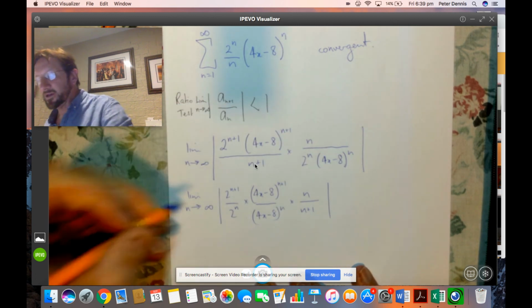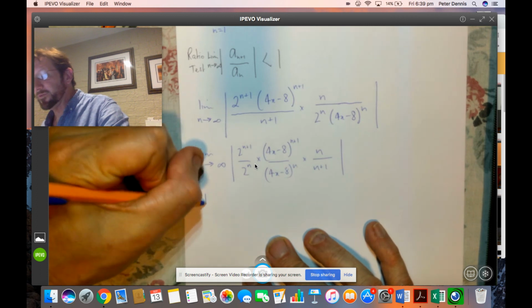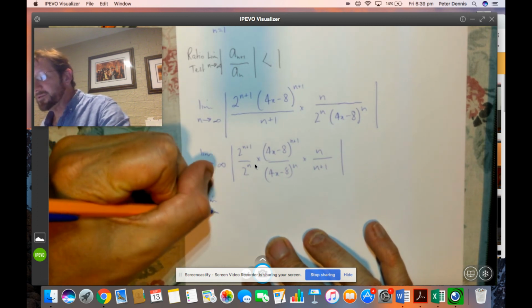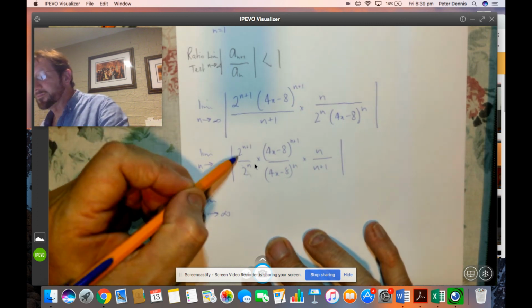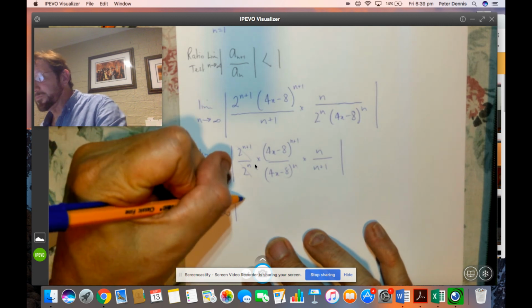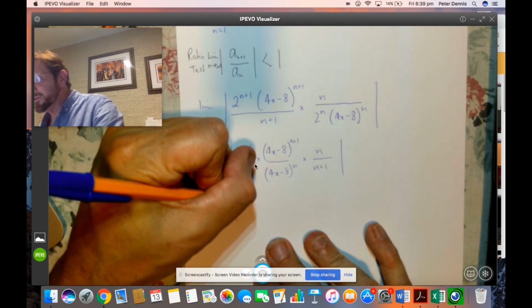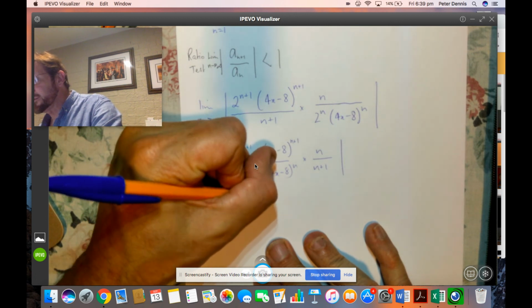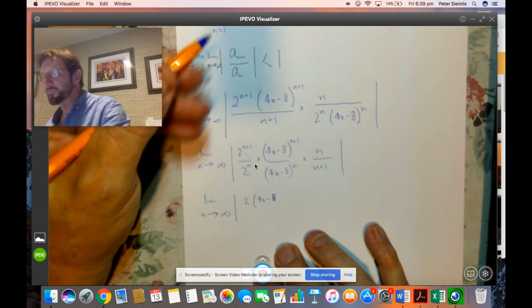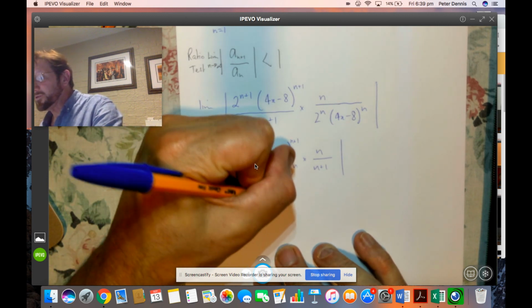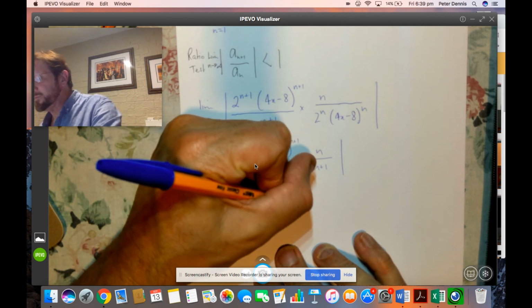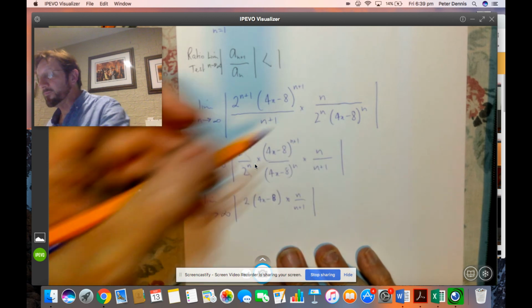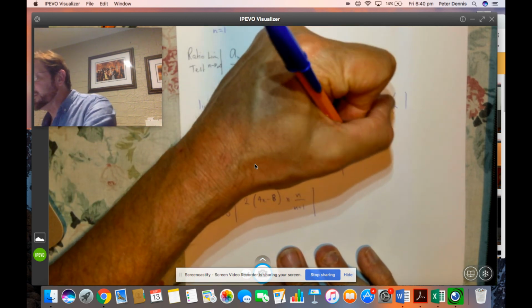Lots of things can cancel here, so we're going to be left with the limit as n tends to infinity of, that's going to be 1/2, times 4x minus 8, times n over n plus 1. And remember, we want that to be less than 1.